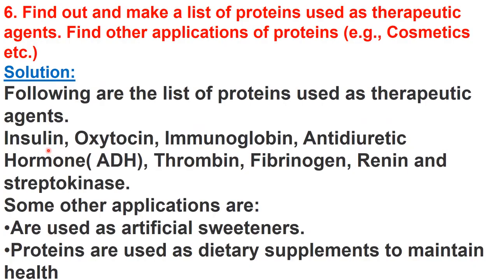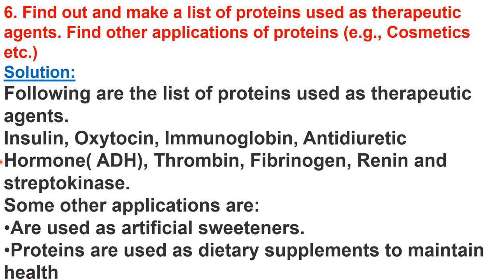Now let's discuss the homework solution of the previous lecture. This is the NCERT question: find out and make a list of proteins used as therapeutic agents. Find other applications of proteins also, for example in cosmetics. These are the names of some proteins which are used as medicine, or as therapeutic agents.